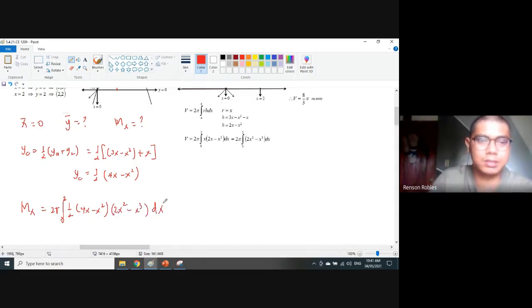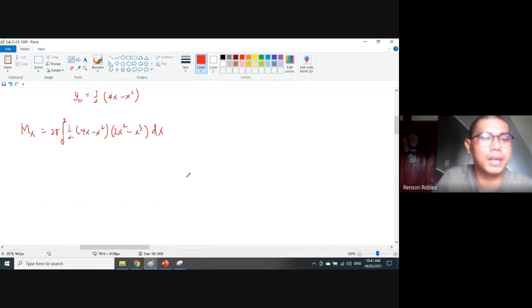I hope you are getting this right. Then we just simplify. 2 pi times 1/2 is pi, from 0 to 2. Then you just multiply: 4x times 2x squared is 8x cubed. 4x times negative x cubed is negative 4x to the 4.